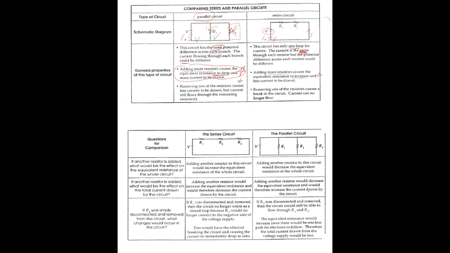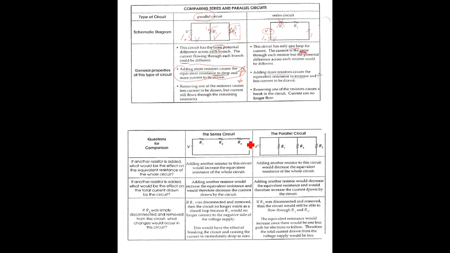And again, we'll take a look at that again shortly when we do a calculation. Removing one of the resistors in this case causes a break in the circuit. You always need to have a loop to return those electrons back to the source. So if we remove this resistor, if we break or interrupt the circuit, then everything shuts down with a series circuit. I won't read through all of this at the bottom here, but it does say the series circuit.